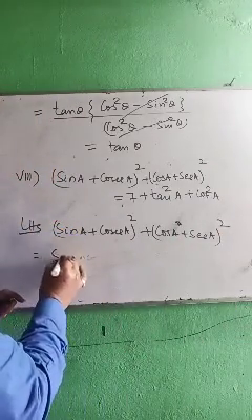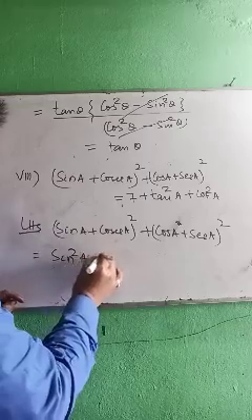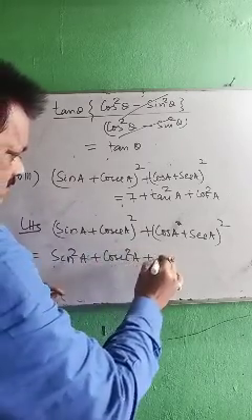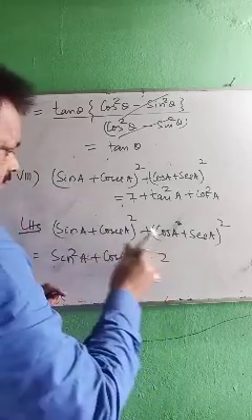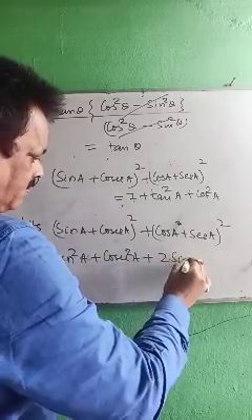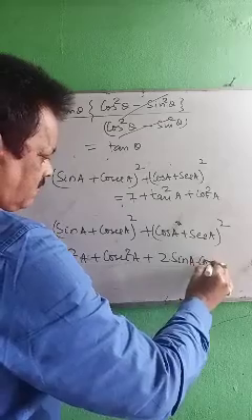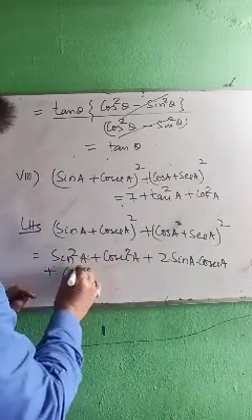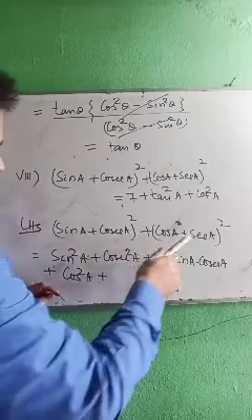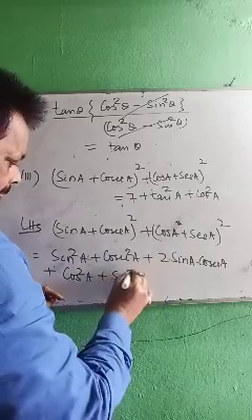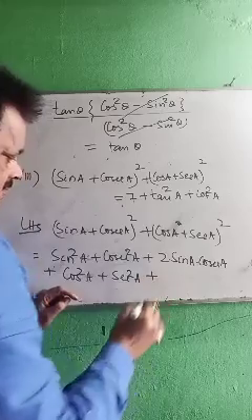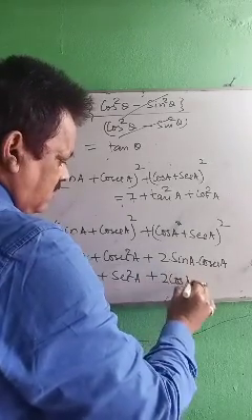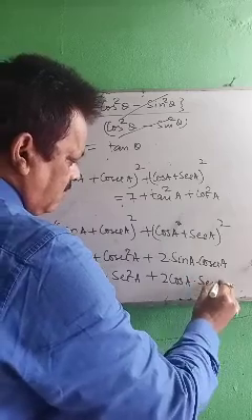This is sin square A plus cosec square A plus 2AB, 2 sin A into cosec A, plus cos square A plus sec square A plus 2 cos A into sec A.